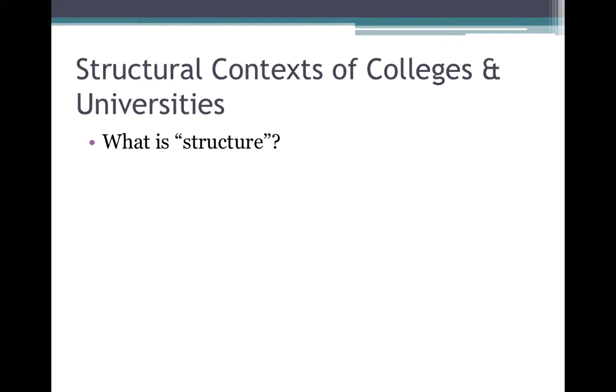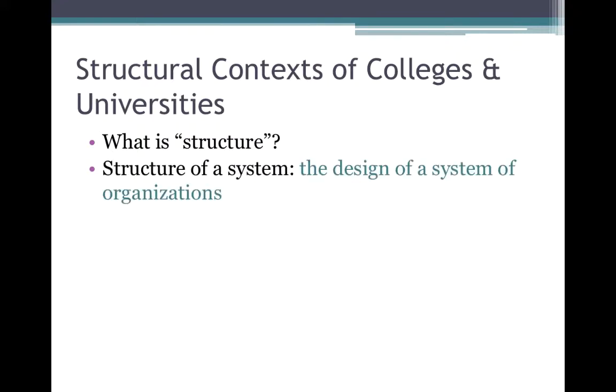The other dimension of structure is integration: how are all of these differentiated units coordinated once their labor is divided? Coordination and differentiation really are the backbone of the idea of structure and organizational design.